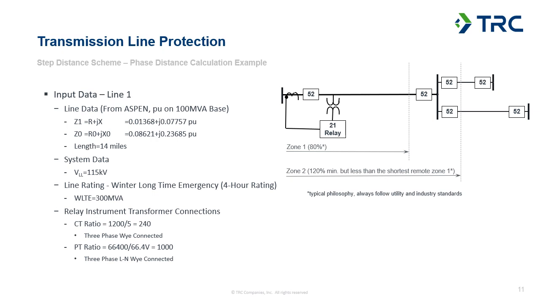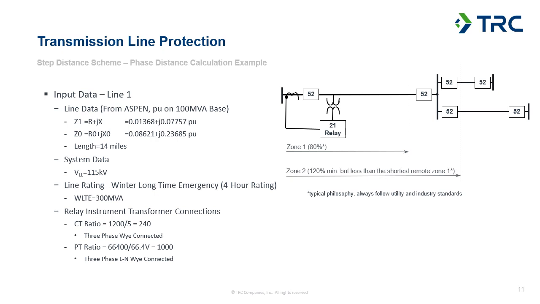And then we dig into the site drawings to get some information about the current transformers and potential transformers that we're using for this relay. Generally, we'd be pulling those off of the relay one lines or three-line elementary diagrams to get some nameplate information and understand not only what the ratings of the CTs and PTs are, but also how they're connected.